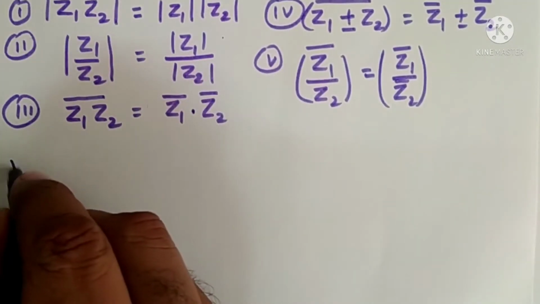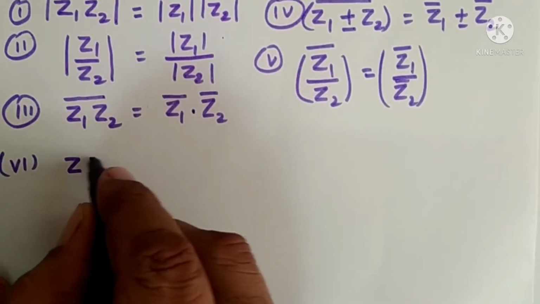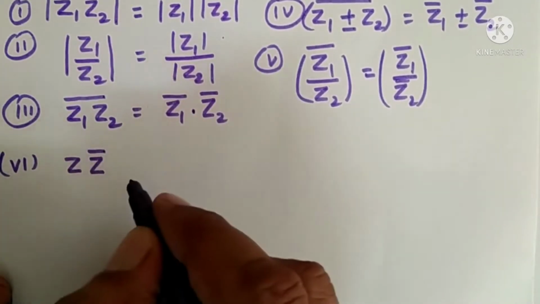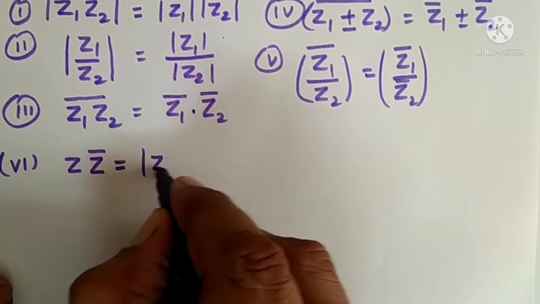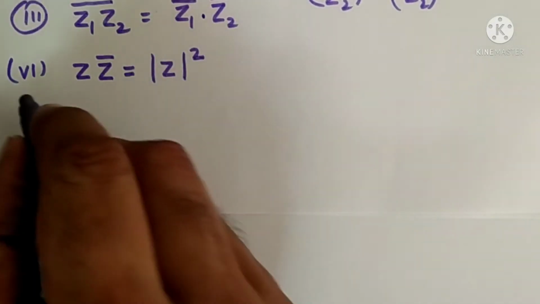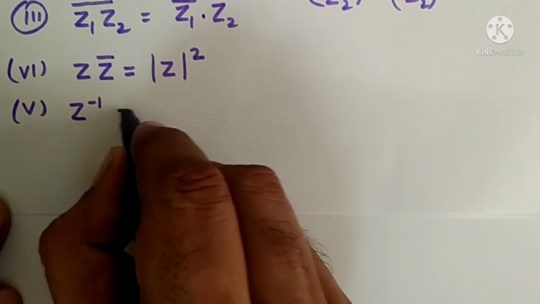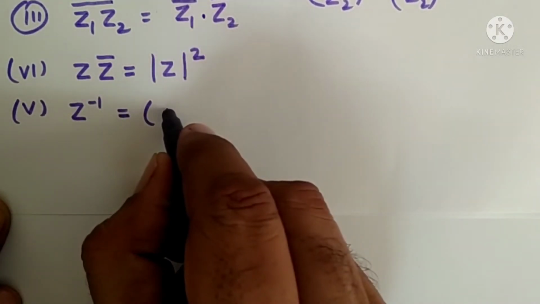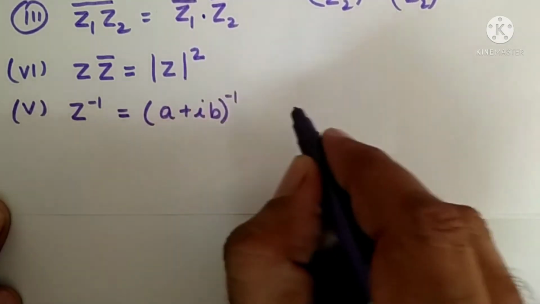One more property, the sixth property, is z into z conjugate. Z into z conjugate is equal to modulus z whole square. Okay, look here, if we have to find z inverse, how can we find it? Look here, this z is given as a plus iota b, and we have to find the inverse of this.